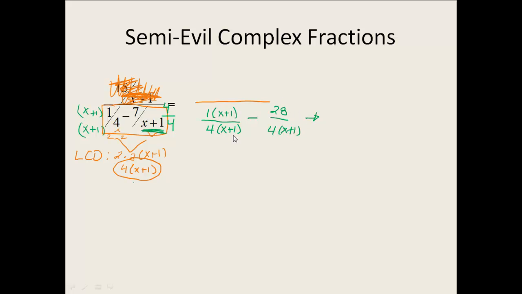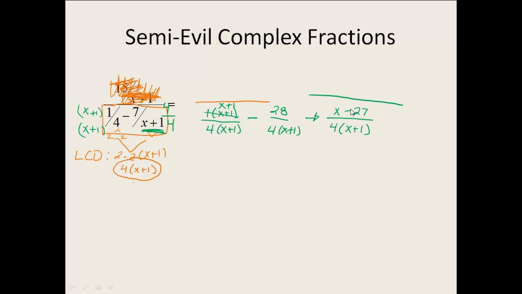Now that we have the same denominators, we can simplify. I distribute the 1 and just have x plus 1 here. So I really have x plus 1 minus 28, and combining like terms, I get x minus 27 over 4 times x plus 1.